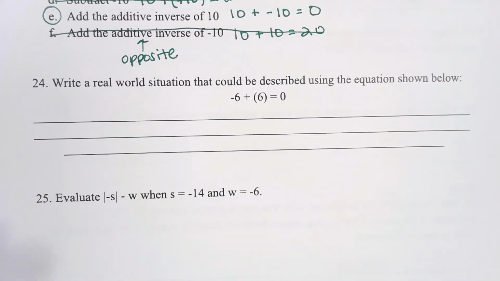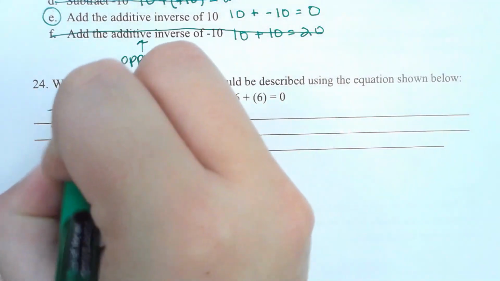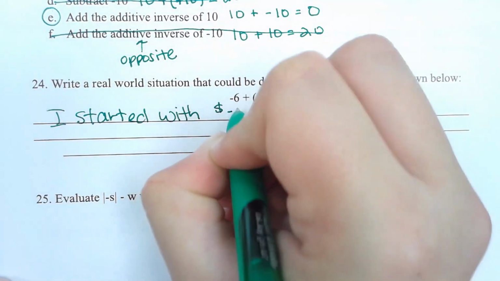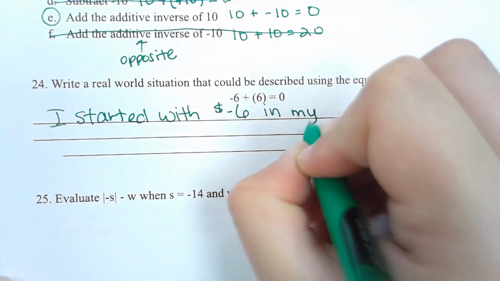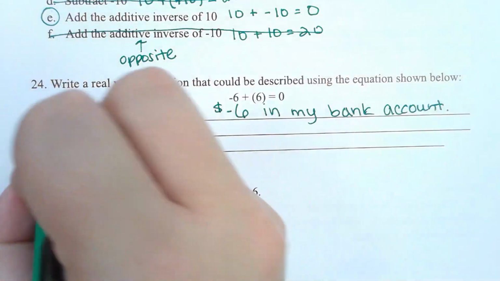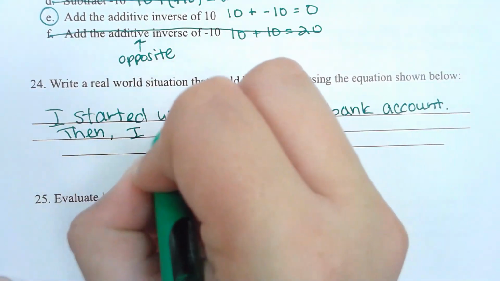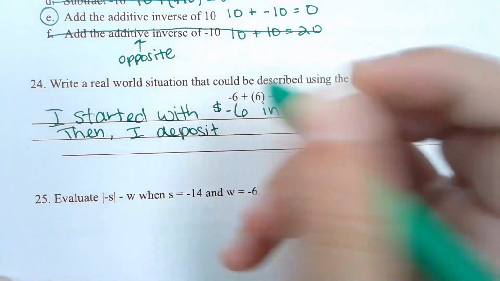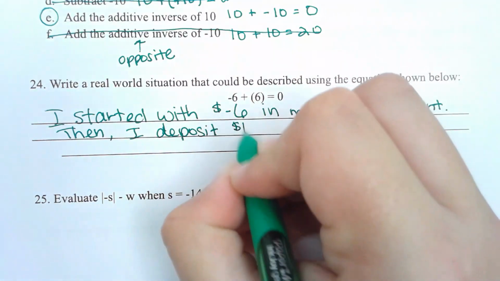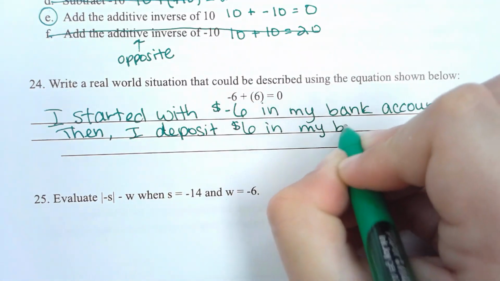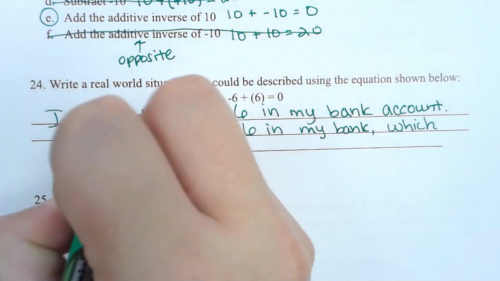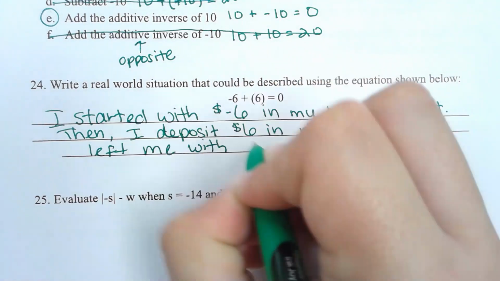So I could say something like, I started with negative $6 in my bank account. Then I deposited $6 in my bank account, which left me with $0 left.